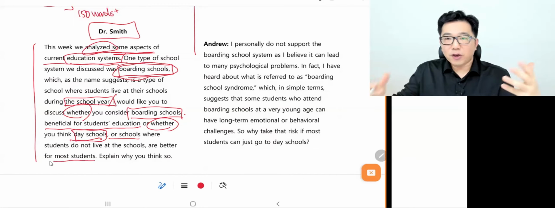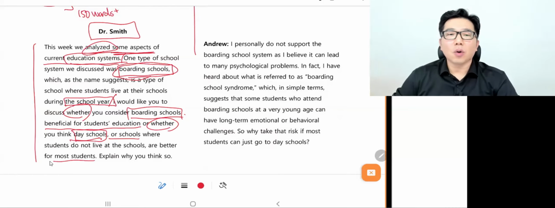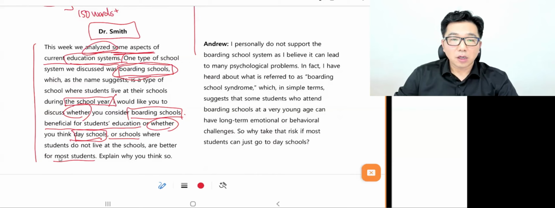Okay, so if you are kind of an education minister, or if you want to make advice for general cases for more students, the majority of the students in society, if you have to make a decision to tell them which type of school, which type of education system is better for students, more beneficial for student education, boarding school or day school.